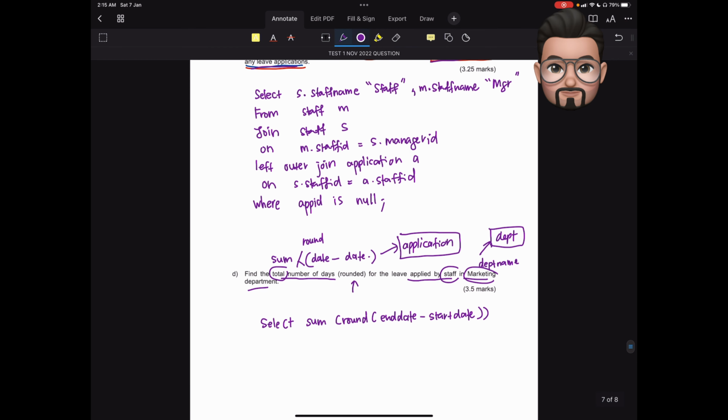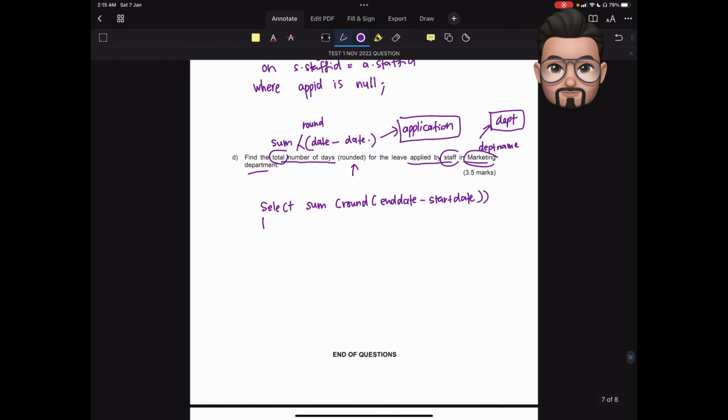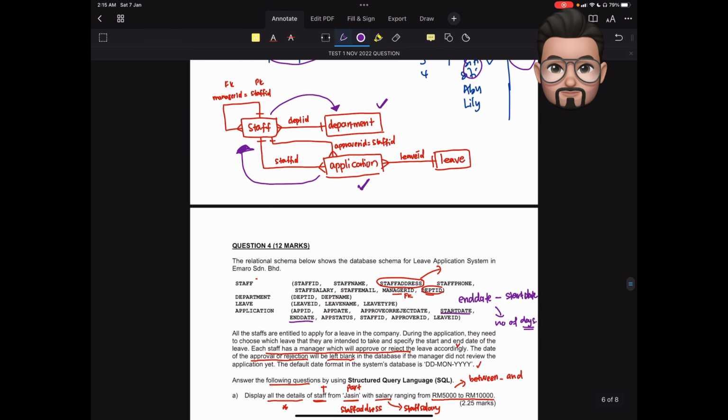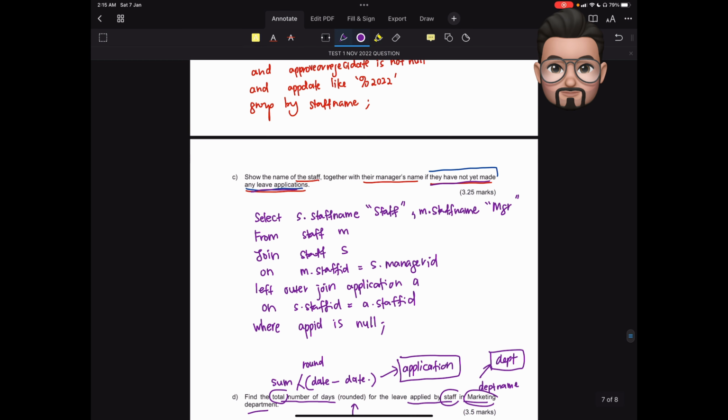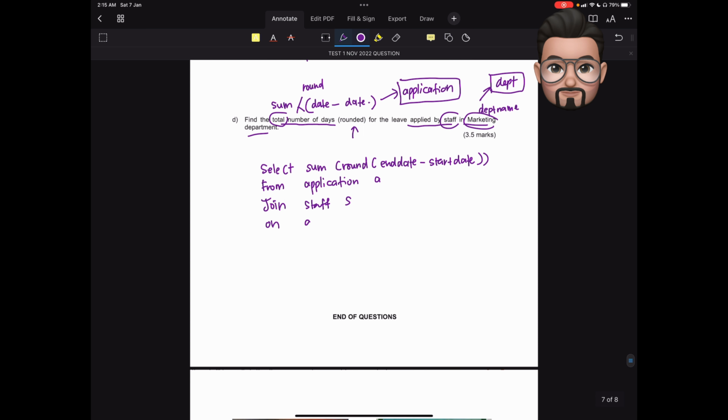By right, it is coming from which table? From application first. Application A. Application join with what? Join with staff S. On what? What's the common attribute between application and staff? Staff ID. On A dot staff ID equals to S dot staff ID.